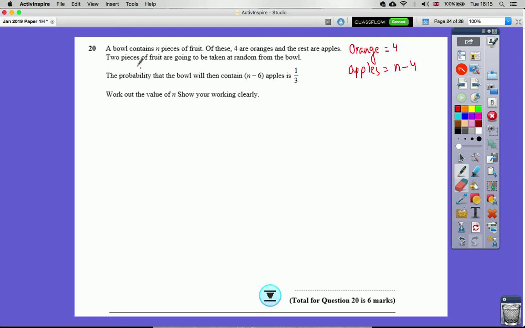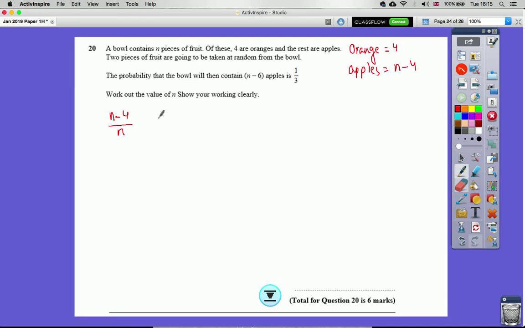Okay, so 2 pieces of fruit are going to be taken at random from the bowl. So first what we are doing is n minus 4 over n. That's the probability of an apple being taken the first time.